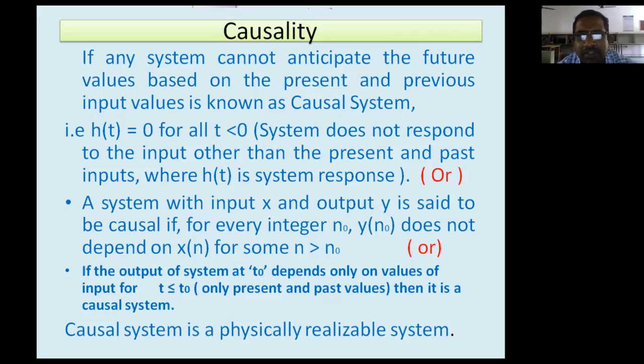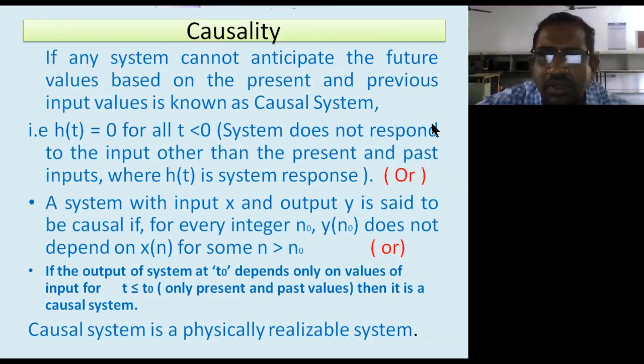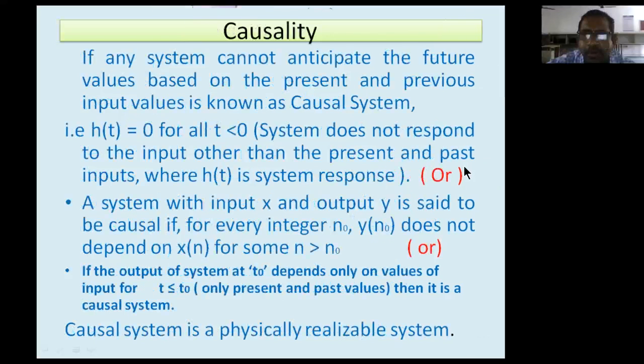Now, another definition I can give is in terms of a discrete time system. A system with input x and output y is said to be causal if for every integer n naught, y of n naught does not depend on x of n for all values n greater than n naught.